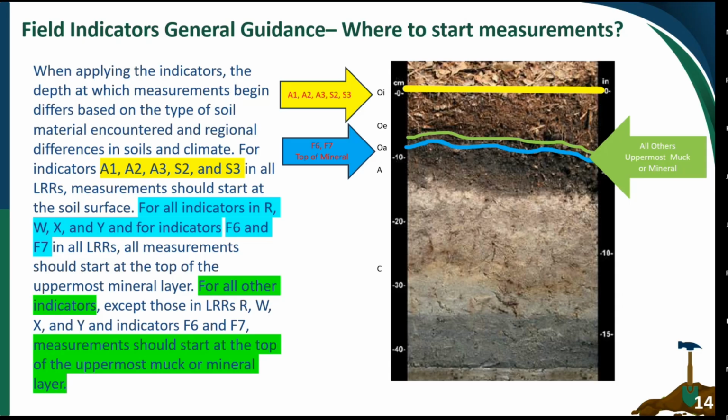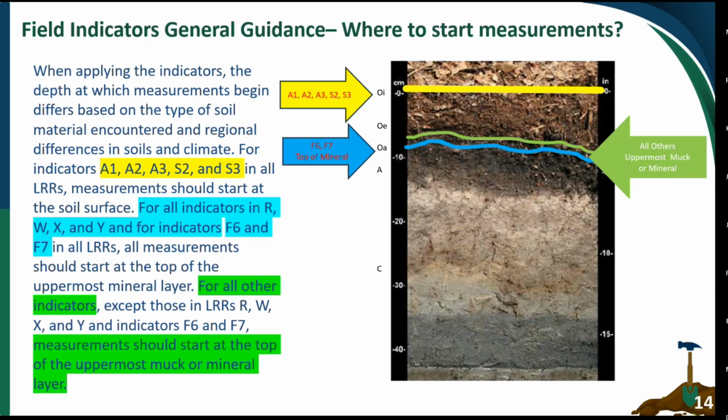The soil surface for field indicators A1, A2, A3, S2, and S3 begins at the actual surface, or the yellow line. So for most of you who are on this call, A1, A2, A3 are indicators in the all group that are very high in organic matter, as is S2 and S3. And S2 and S3 are used mostly out in the upper Midwest and western part of the United States.